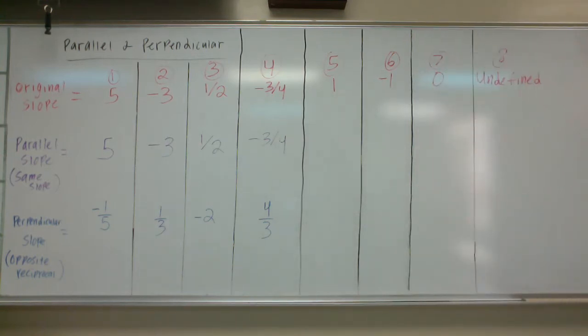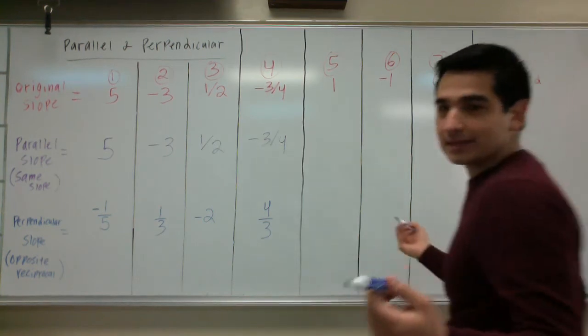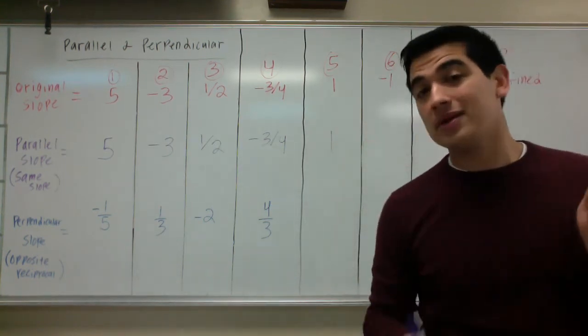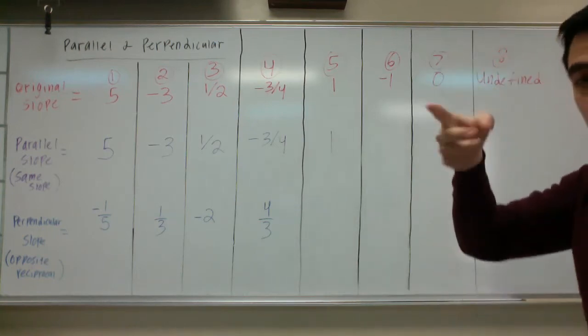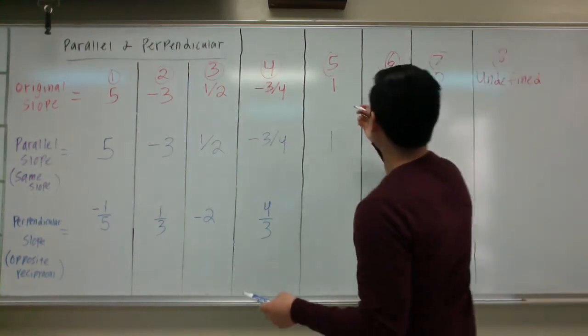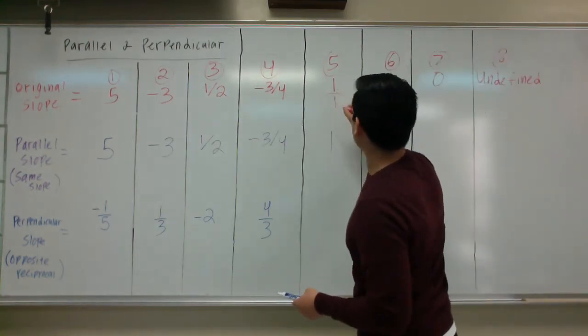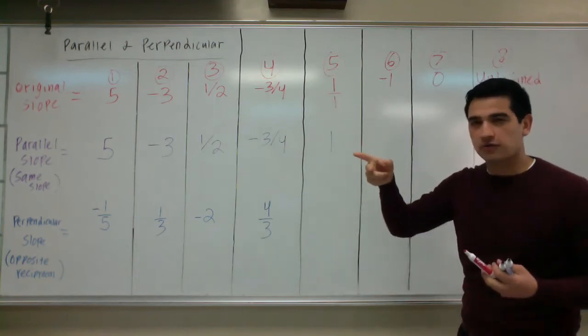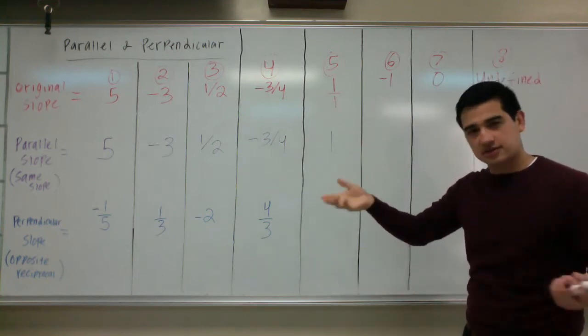Number 5. These kind of come to special cases. My original slope is 1, right? Parallel slope, easy, still going to be 1. Now, perpendicular. We're going to flip it and change the sign, right? But if we have 1, that's the same thing as 1 over 1. So if I flip 1 over 1, it's still going to be 1.